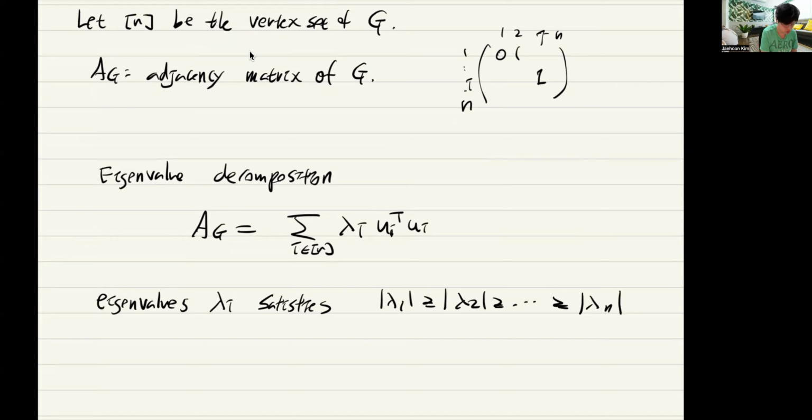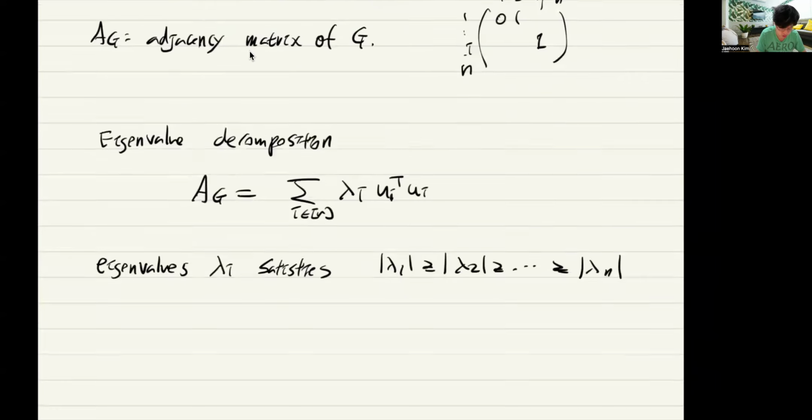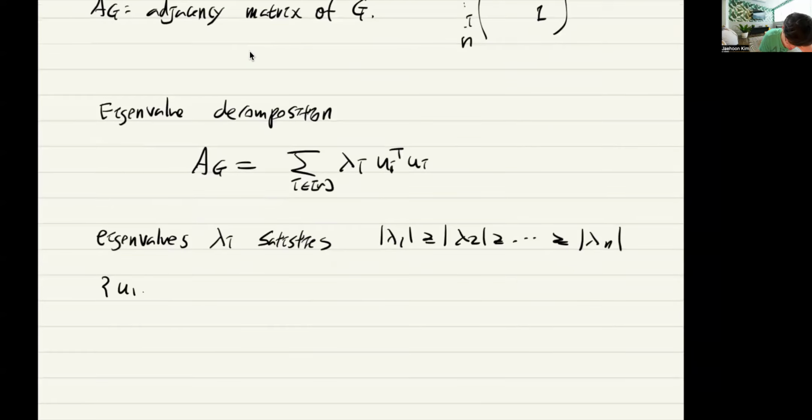Lambda 1 is the biggest and lambda n is the smallest. And the u_i form an orthonormal basis.